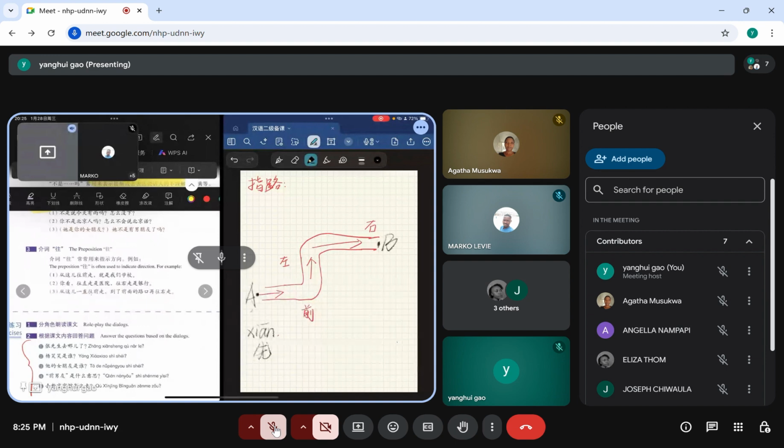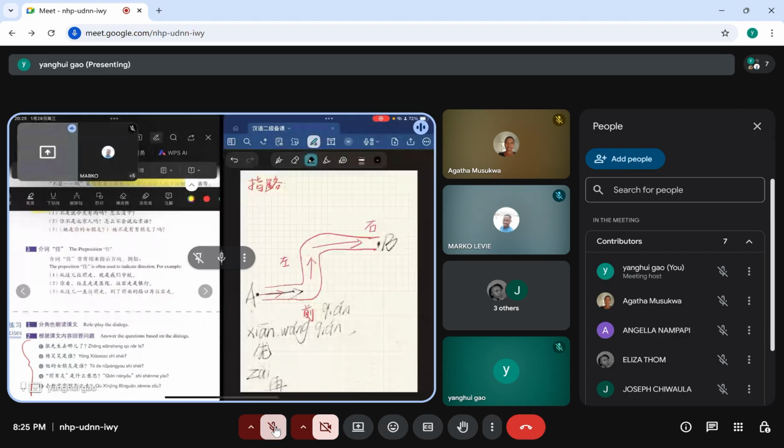We can see 先 is first go straight, right? We go this way, and this way is 前. So we say 先, first go straight: 先往前. And then we use 再, remember?